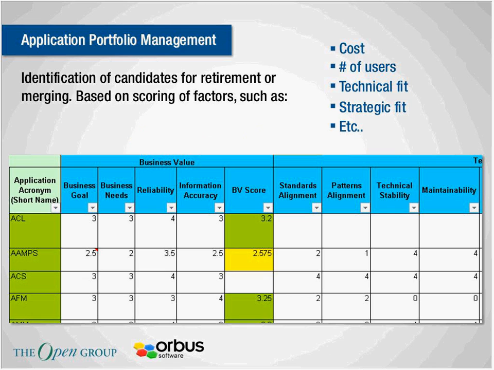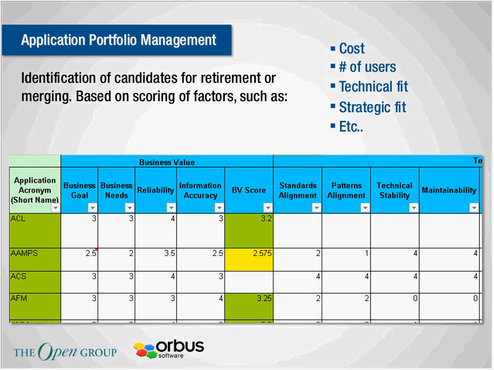So with that in mind, organizations engage in application portfolio management to help them identify where applications overlap or where they are candidates for retirement. Applications are scored for functionality, but also particularly scored against their cost, the number of users they have, and technical fit: does this application fit into the overall vision for how our infrastructure works, based on the technology that we see as our standard platform?